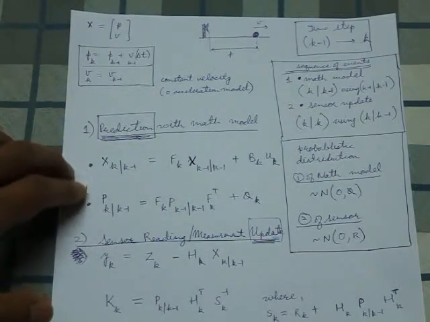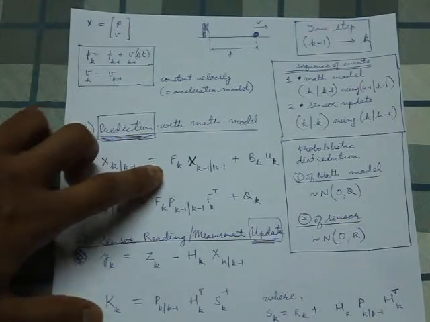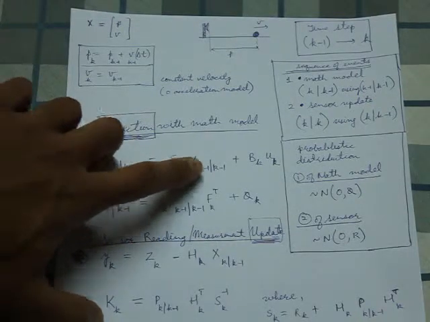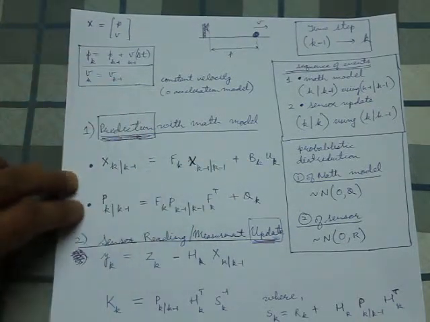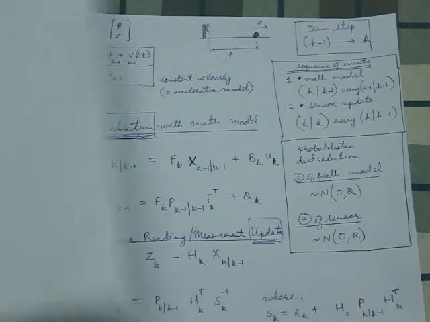The equation for that becomes x k given k minus 1 is equal to F k times x at k minus 1 given k minus 1, plus B k u k. Here F is called the state transition matrix and it takes the following form.